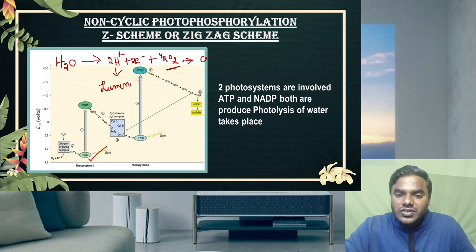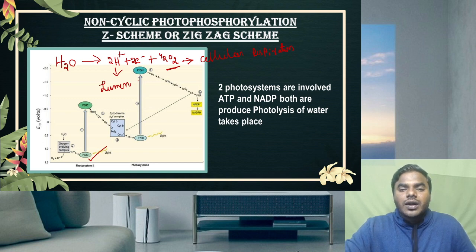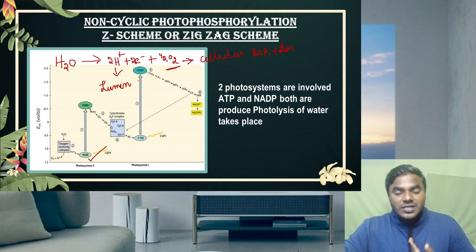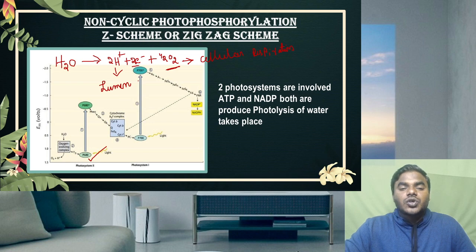So, this oxygen will enter into the cellular respiration. So when one water molecule breaks down, we get two protons, two electrons and a half molecule of oxygen. This is the oxygen which we use for breathing, and two protons are released into the lumen, and the electron is accepted by P680.